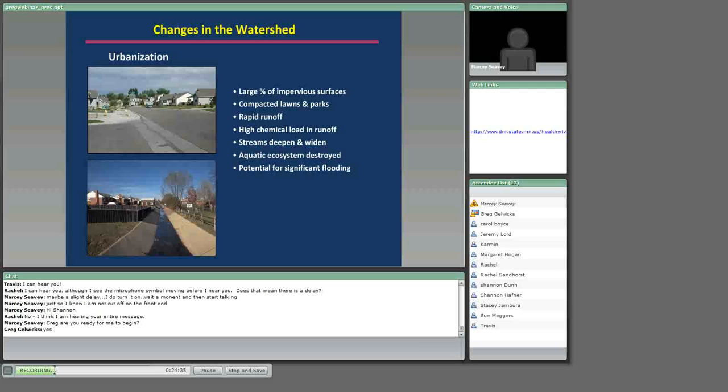And this causes the streams that receive this drainage to have to deepen and widen their channels to accommodate this increased drainage. And this has impacted aquatic systems and also increased potential for significant flooding in some areas.